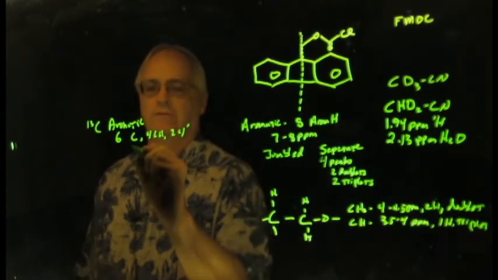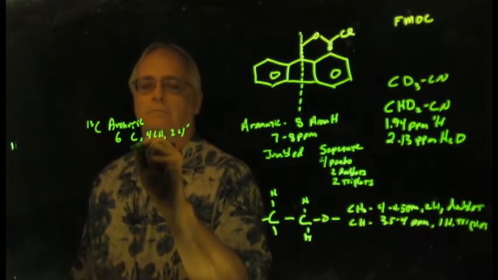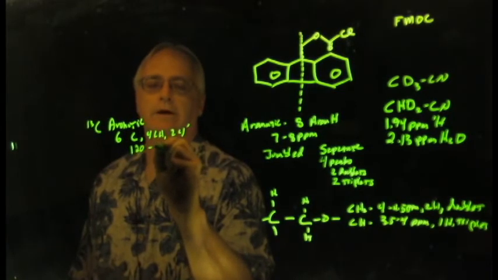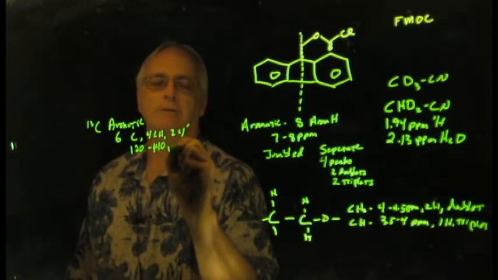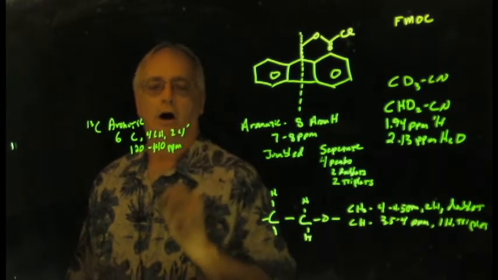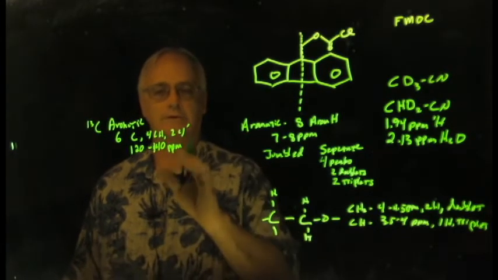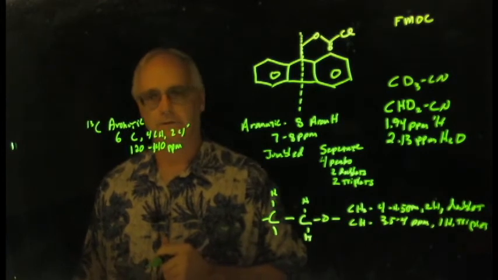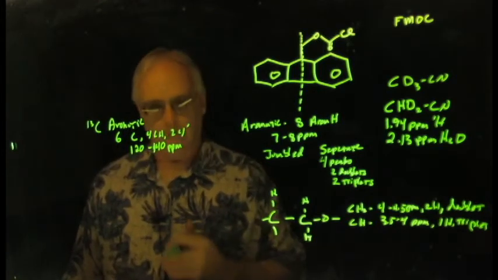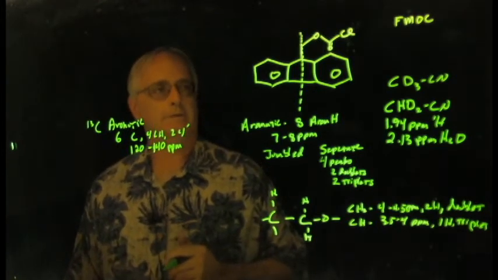The chemical shifts, aromatics, tend to be 120 to 140 ppm or so. Often the CHs are a little bit more upfield, the quaternary is a little more downfield. So that's what we expect here, pretty straightforward.